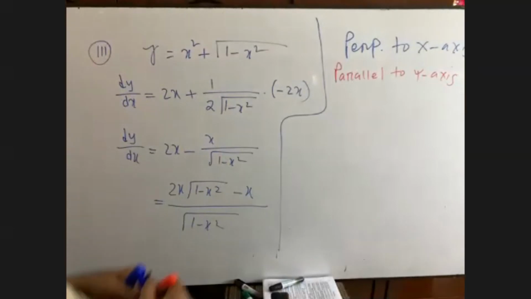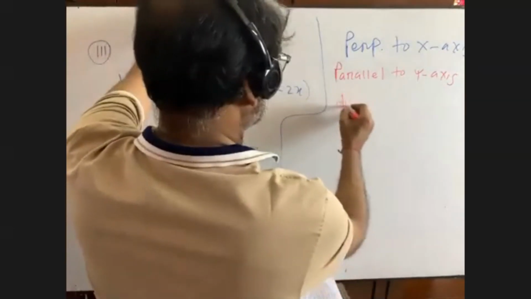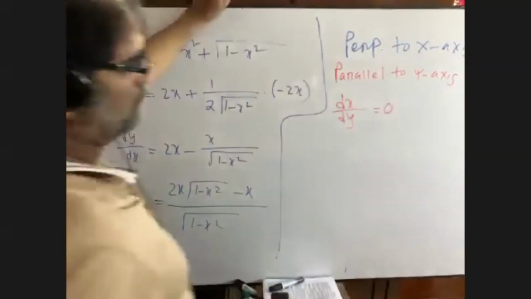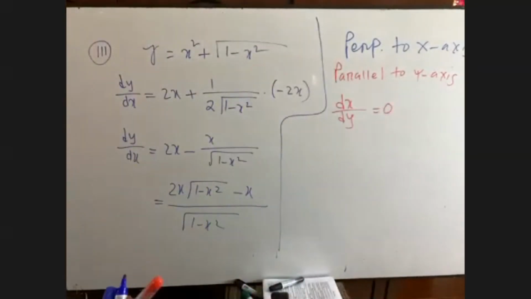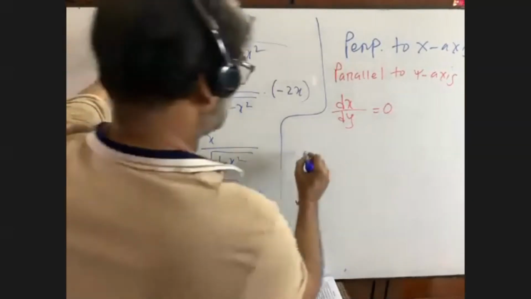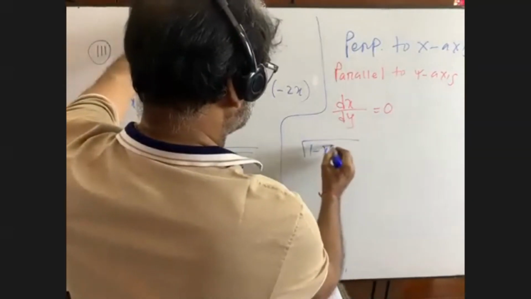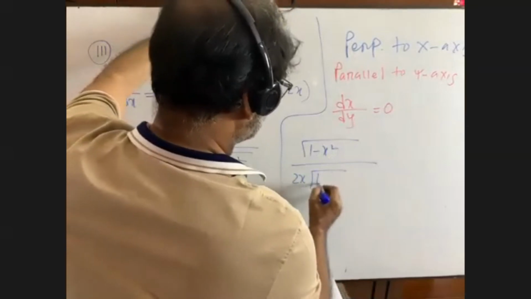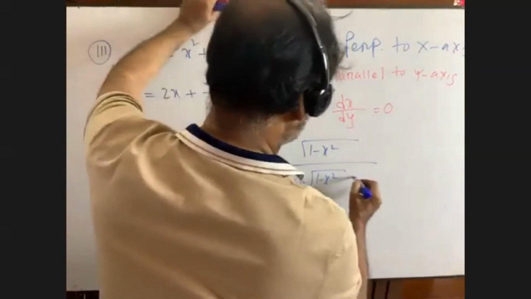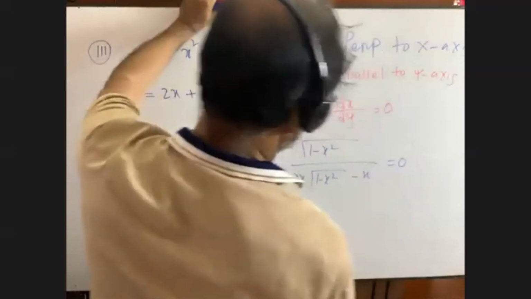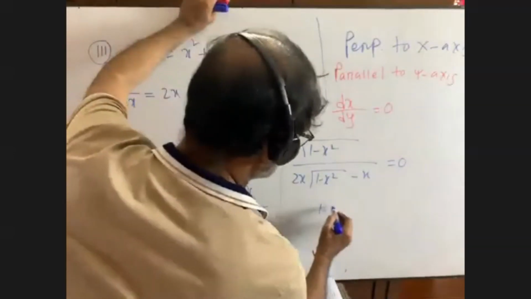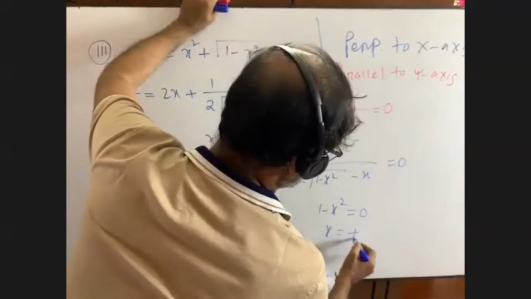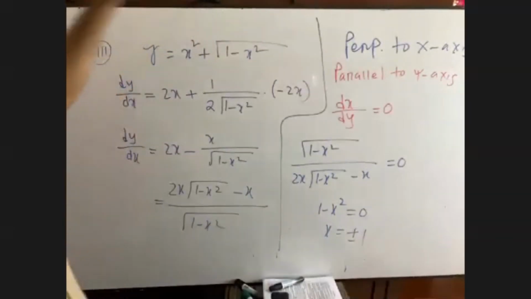That means we are getting dx by dy equals 0. That is root over 1 minus x square by 2x root over 1 minus x square minus x equals 0. So we are getting 1 minus x square equals 0, x equals plus minus 1.